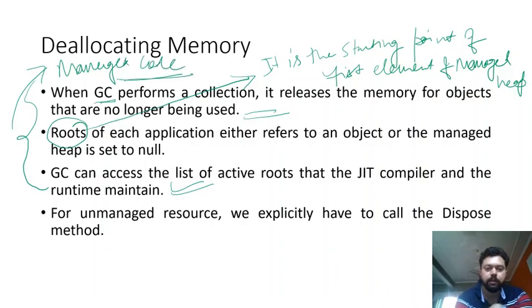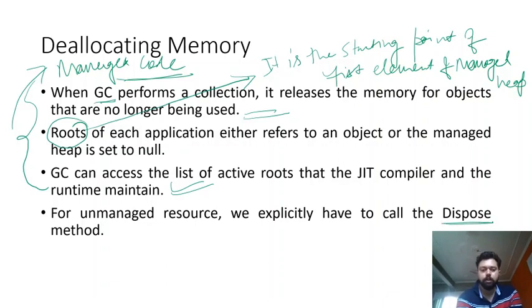Managed code means the code which is compiled by the CLR. Now unmanaged code means code which is compiled by the OS directly, the code which is directly compiled by the operating system. For releasing those objects from the memory, we have to explicitly call the dispose method.